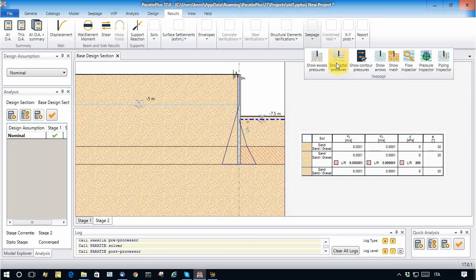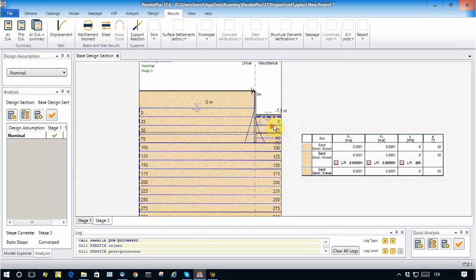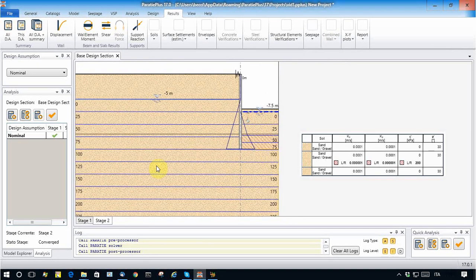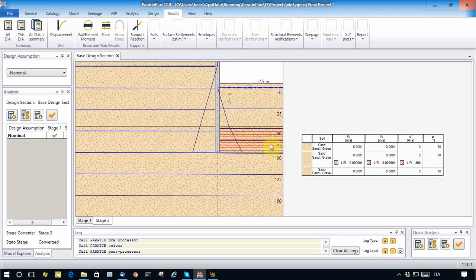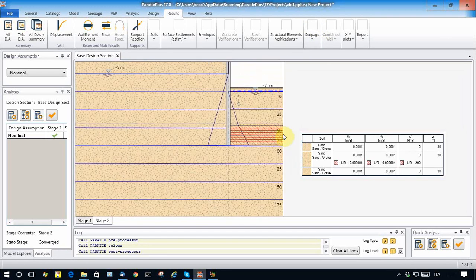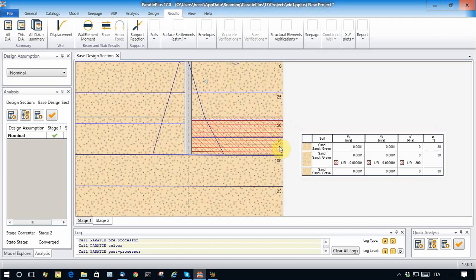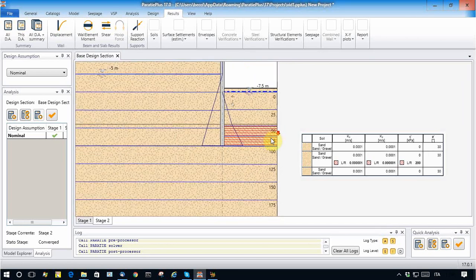This can be appreciated also by looking at the water pressures. The water pressures are essentially hydrostatic in the surrounding soil out of the soil plug, and the excess pressures that are essentially related to head loss, the isocurves, are essentially concentrated in the soil plug zone.